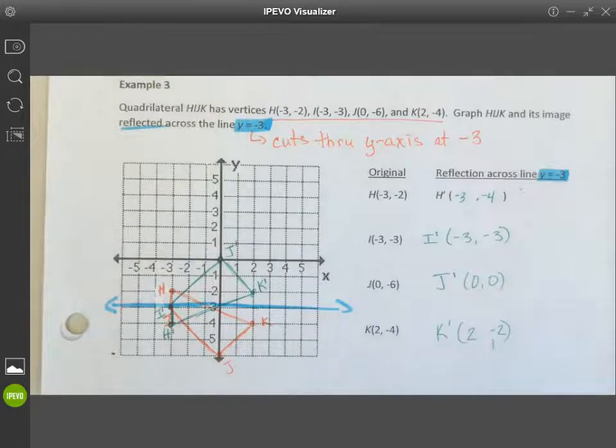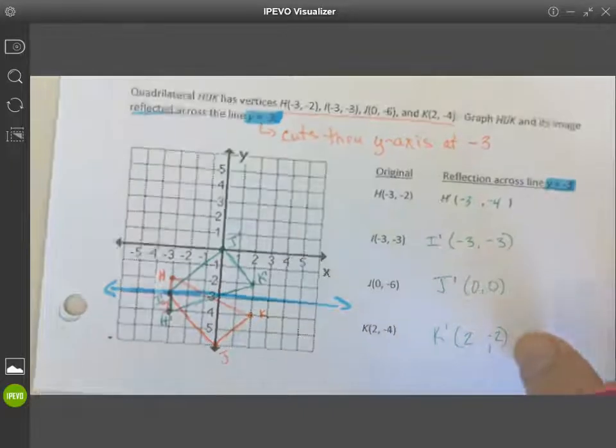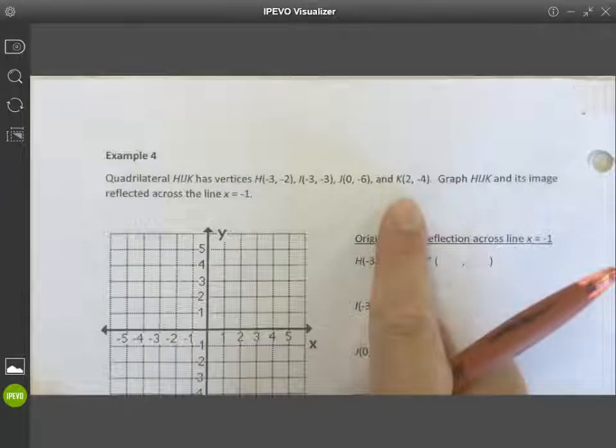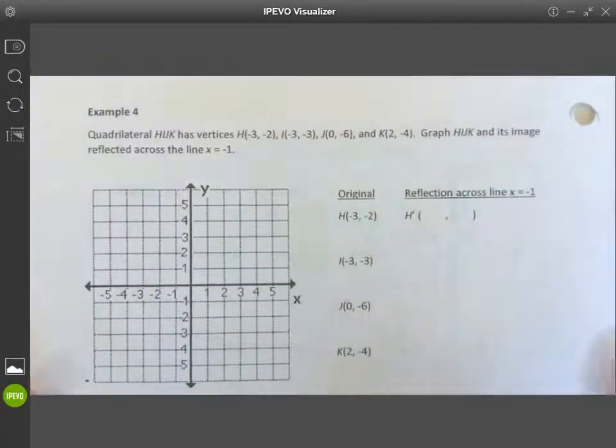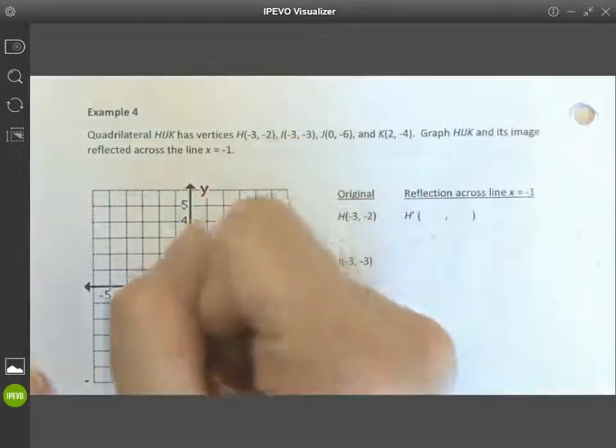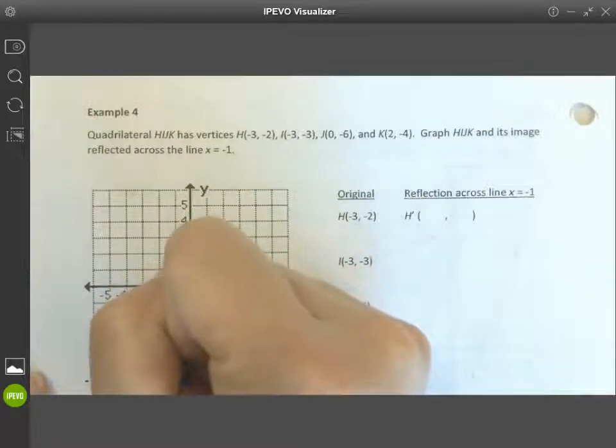So flip it to the back. Can I flip mine? And we're going to graph that same thing again, but this time we're doing a different reflection. So take a minute and graph it. I mean, oops.